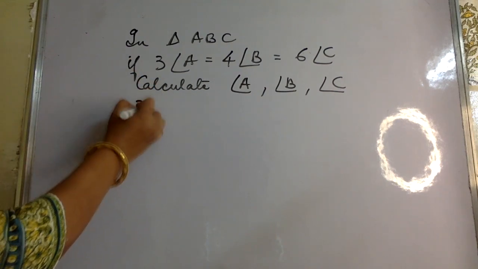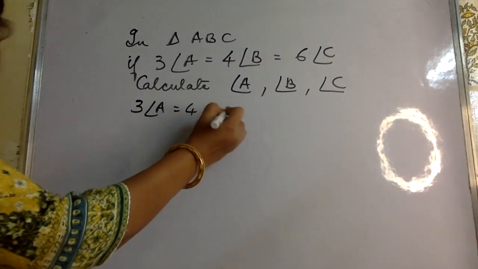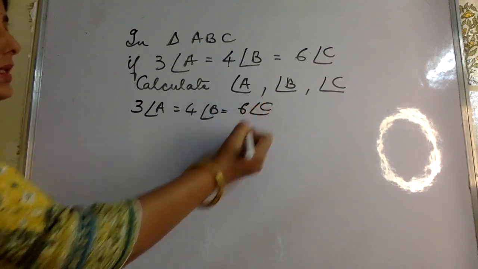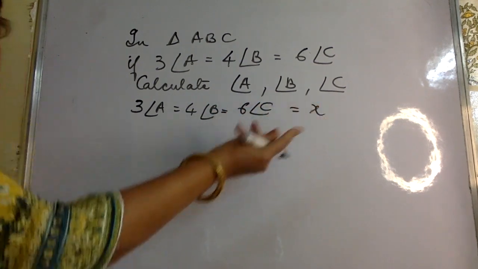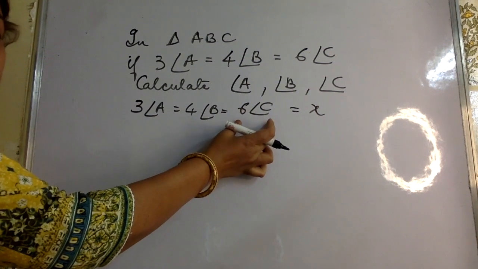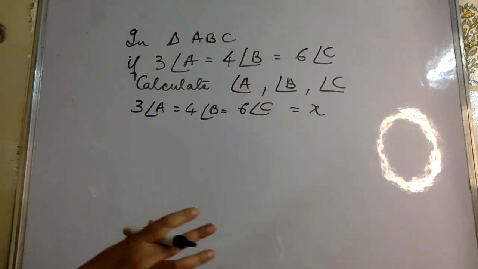So what we can do here is, thrice angle A is equal to 4 times angle B is equal to 6 times angle C, which is equal to x. Why did we write equal to x? Because all these are equal to one another, so we take them as one variable x.